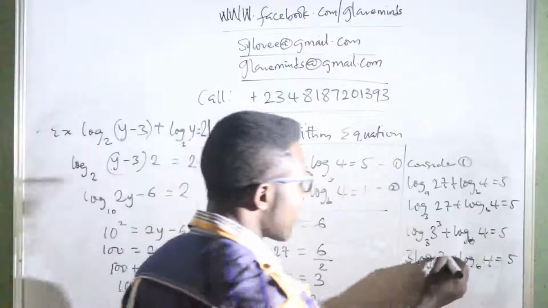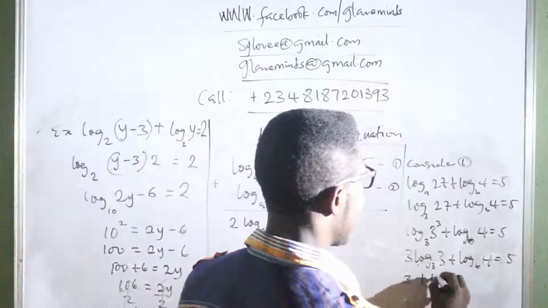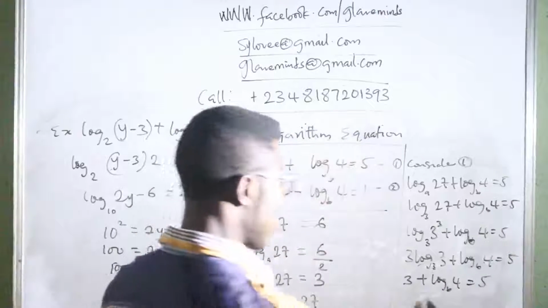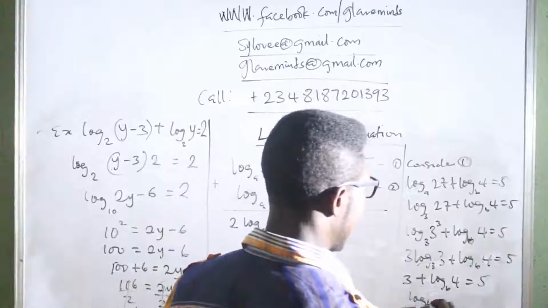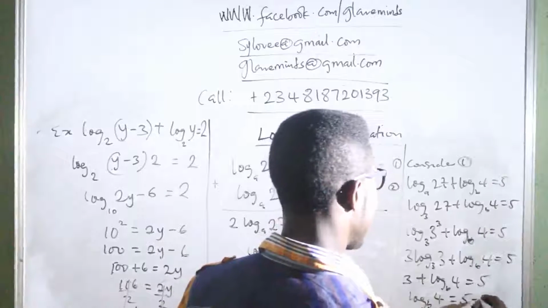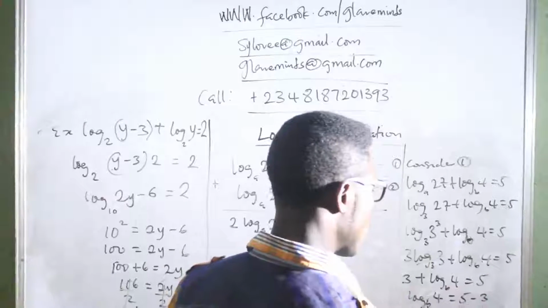Okay. This is taking itself out. This becomes 3. Then we have plus log b 4. This is equal to 5. Then we'll take this and say log b 4 equal to 5 minus 3. And that is as good as writing log b 4 equal to 2.